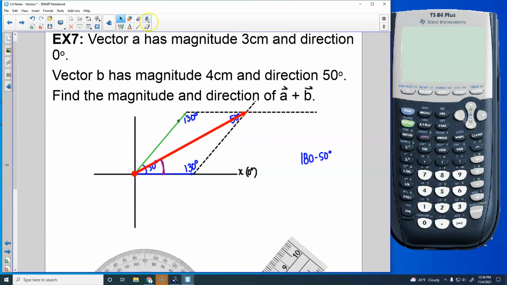So the angle would be whatever angle this is right here. I'm going to call it theta. You can call it x. You can call it whatever you want to call it. And then I also need the magnitude, which is the length of that red vector there. And I didn't label it, but this was 4 centimeters, and this was 3 centimeters.